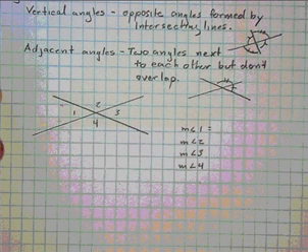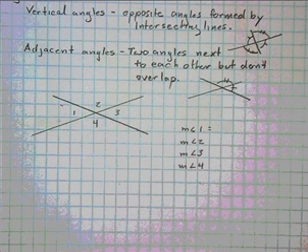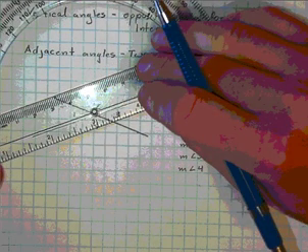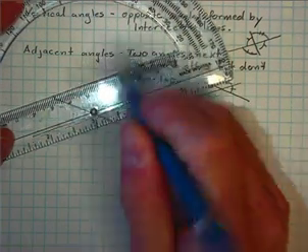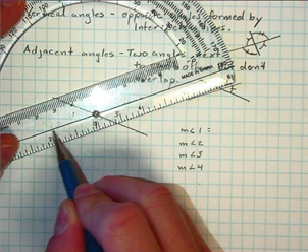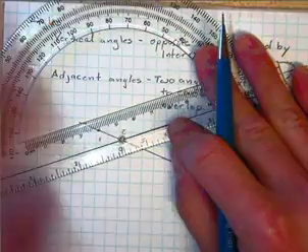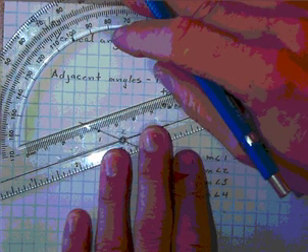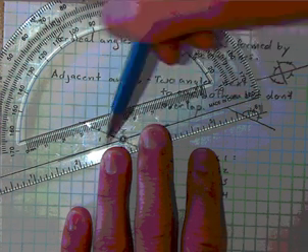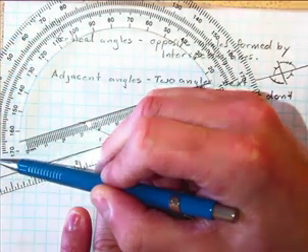Angle 1 I want to actually measure with the protractor. So right there at that vertex, I'm going to put the vertex of my protractor. So line that dot up, and then this line on my protractor needs to line up with that line that I drew. Now I'm measuring my angle 1. Your angle 1 is going to be different, but the process will be the same. Because I'm measuring in this direction, I'm going to use the outside lines, starting with the smaller numbers.